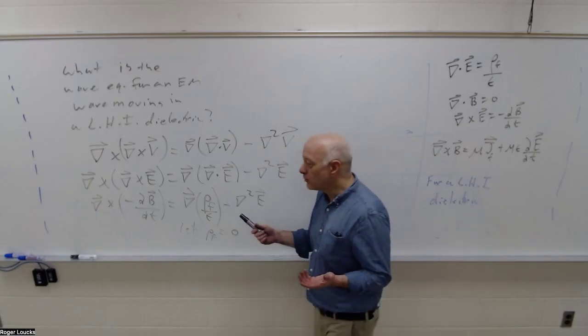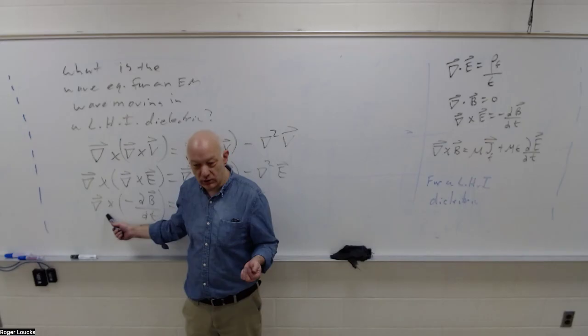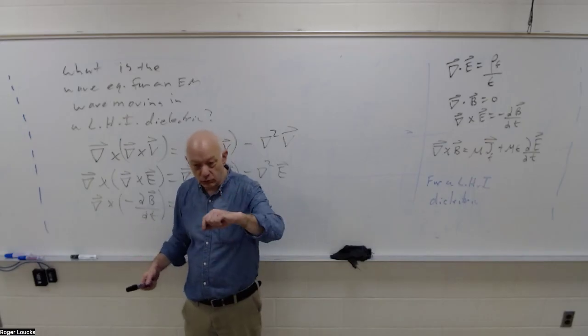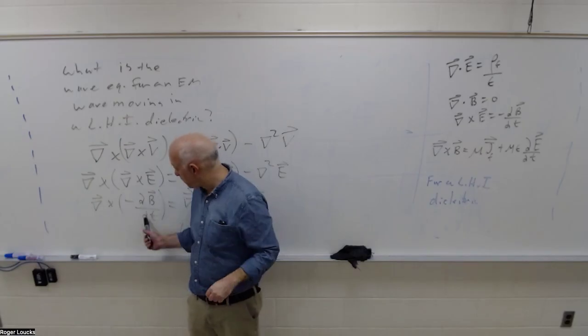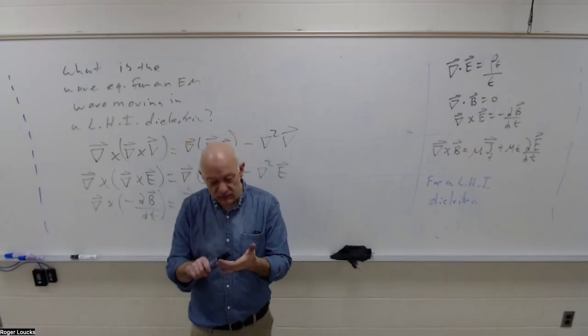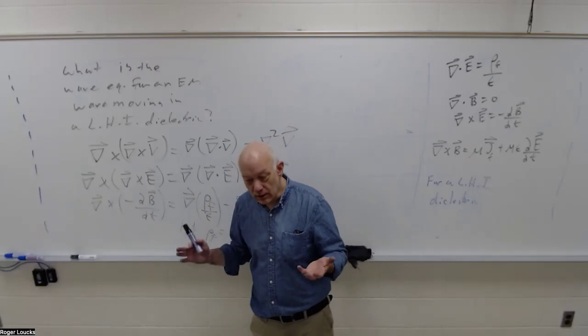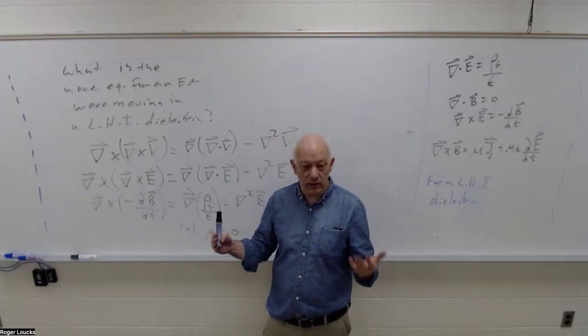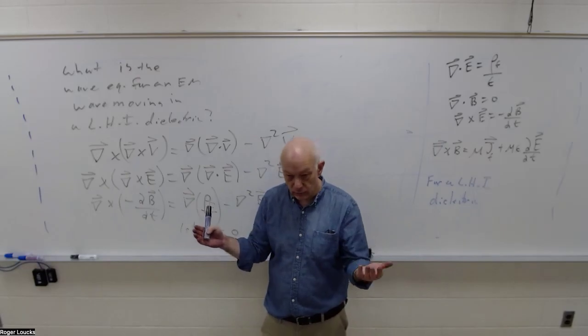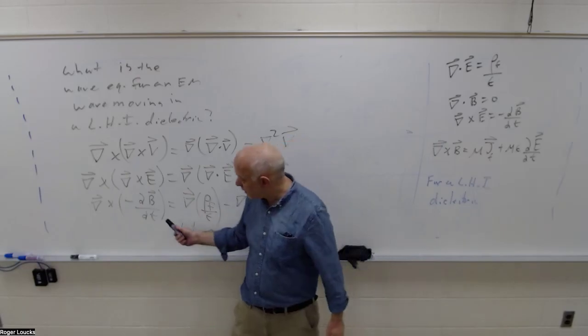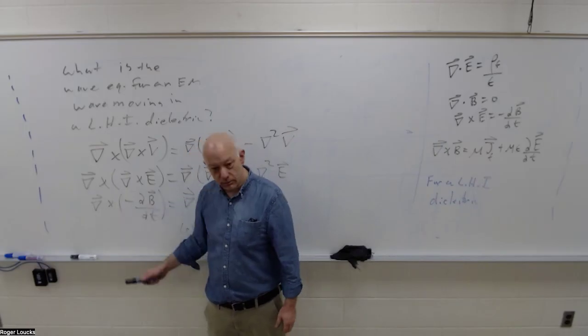Okay, when you look at a curl, what do you have? Partial with respect to x, y, z. Here I have a partial with respect to t. What do you know about x, y, z, and t? They're all independent variables. What do you know about mixed partials of independent variables? They're commutative. You can switch those partials. So what can I do with the partial with respect to t and the curl?